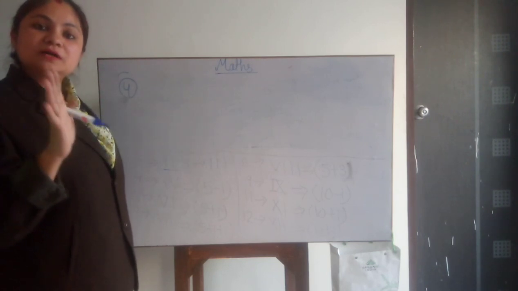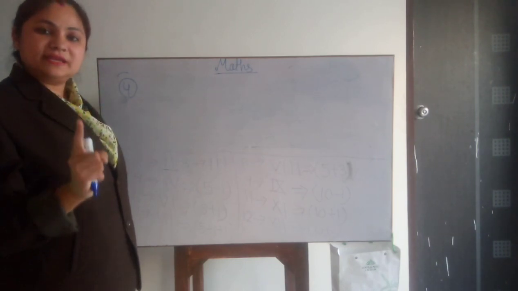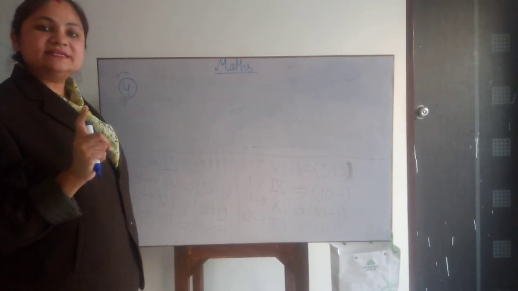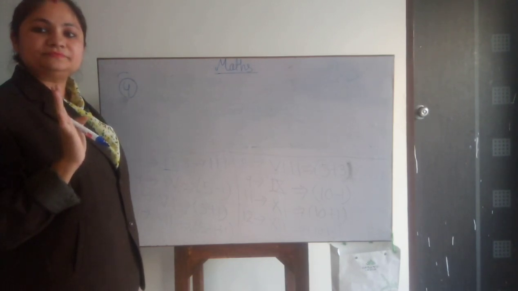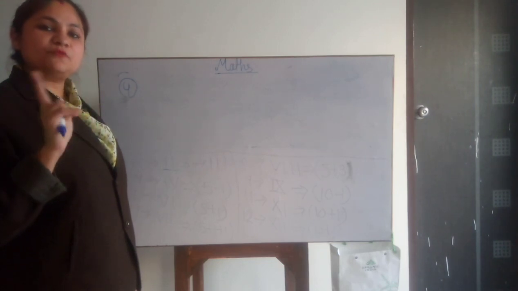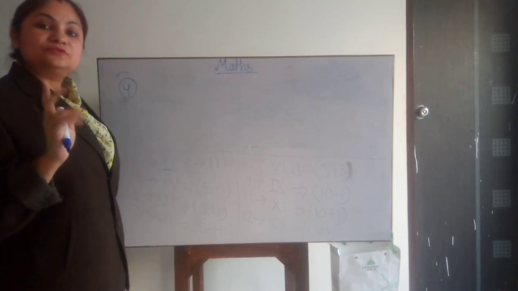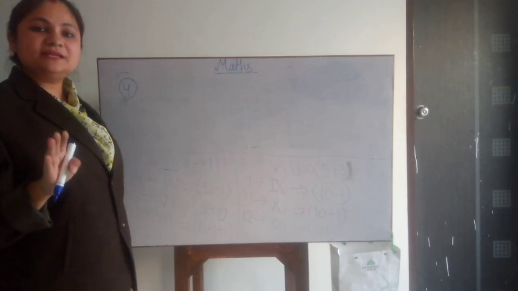I hope you heard it carefully. I went to market and I purchased one cooler and one tube light, and I paid a different amount for both. So how much did I pay overall, or total?